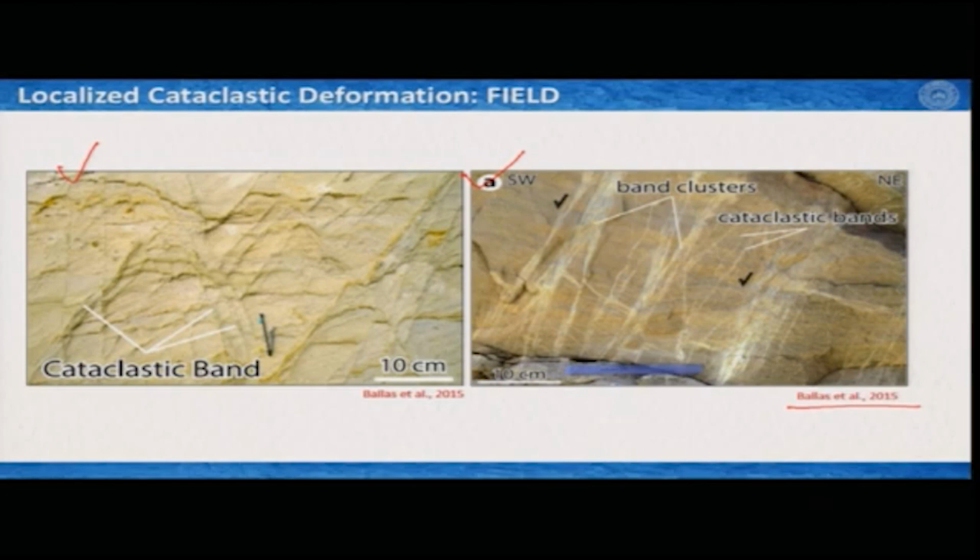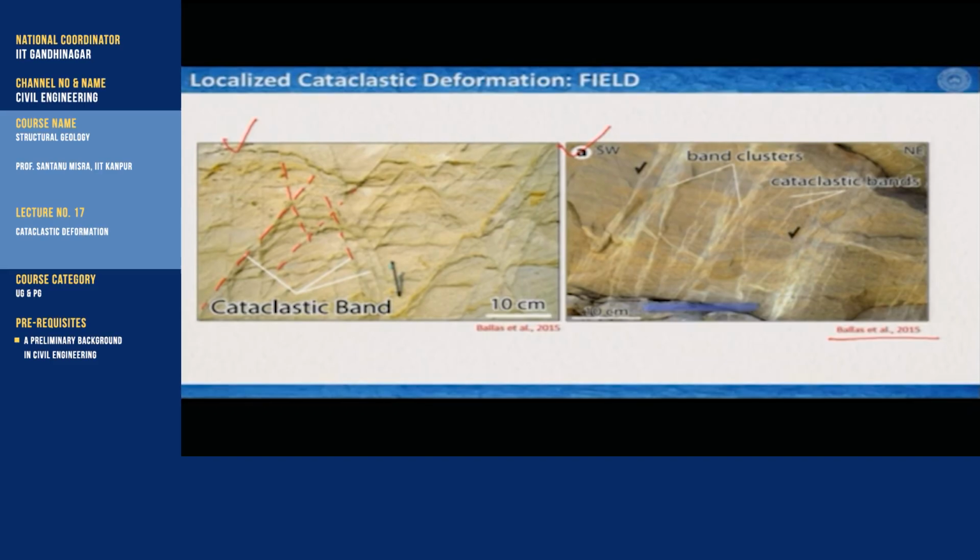We have learned about conjugate shear fractures, if you remember. We see two sets of conjugate shear fractures, and these are known as compaction or cataclastic bands.